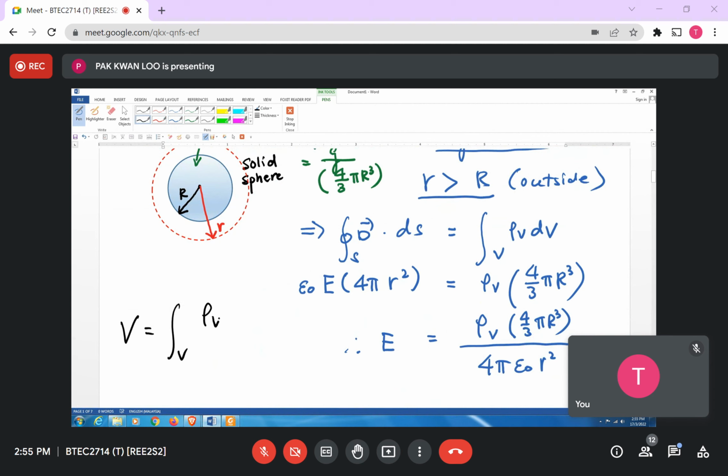V equals the integral of rho v dv over 4 pi epsilon naught r. Maybe I just put an r prime. This r here is inside, and this r prime represents the point, inside or outside. So we can use this form as well to determine the potential.